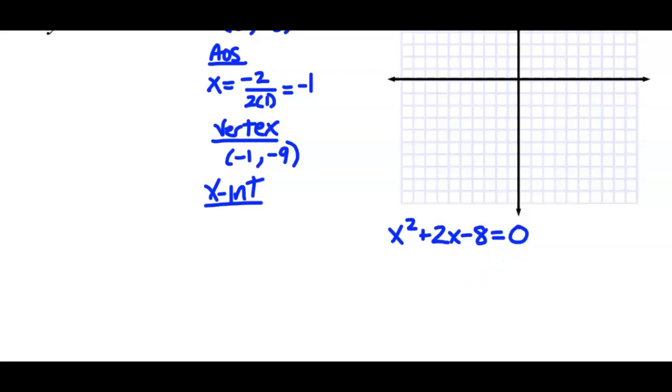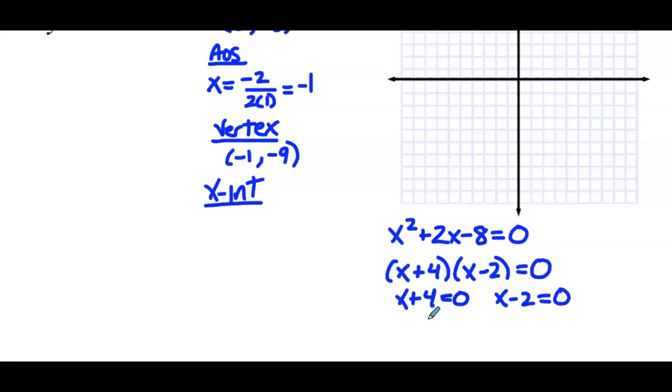I want to add to positive 2, not negative 2, so x plus 4 times x minus 2 equals 0. So either x plus 4 equals 0, or x minus 2 equals 0. So either x equals negative 4 or x equals 2. So our x-intercepts are negative 4, 0 and 2, 0.